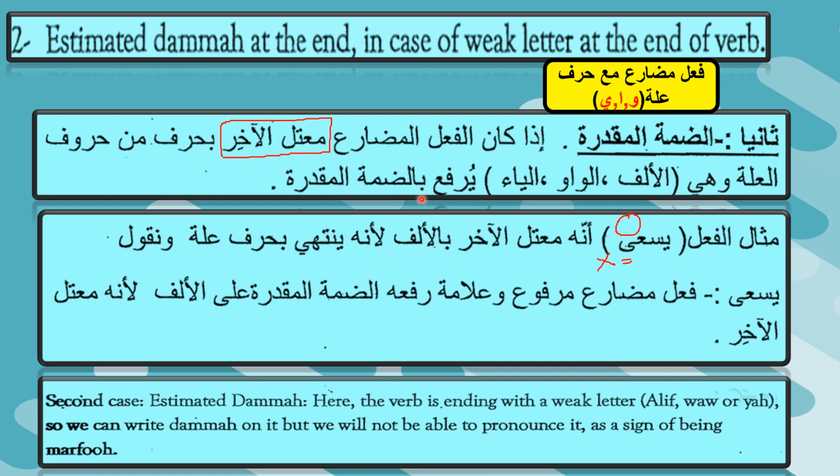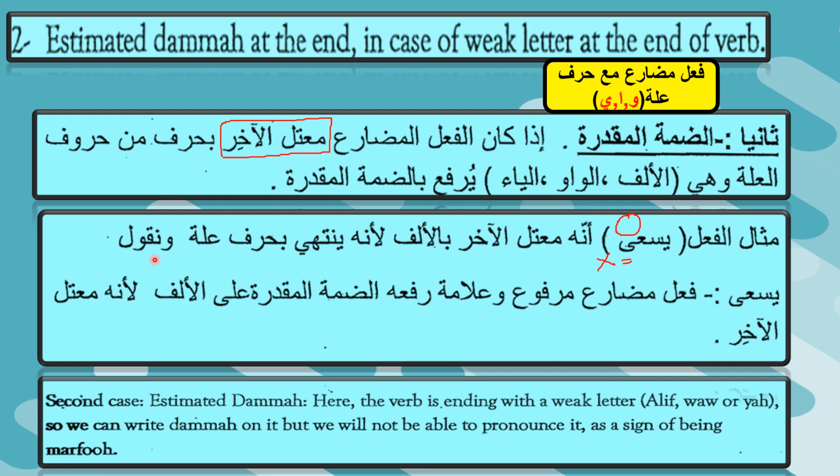Why is it saying بالألف? ألف مقصورة is commonly called ألف, لأنه ينتهي بحرف علة. ينتهي means it is ending with حرف علة. What is the حرف علة here? ألف مقصورة. So you cannot write a dhamma over it.